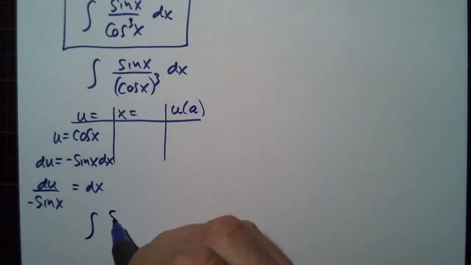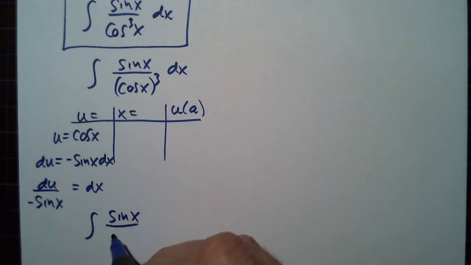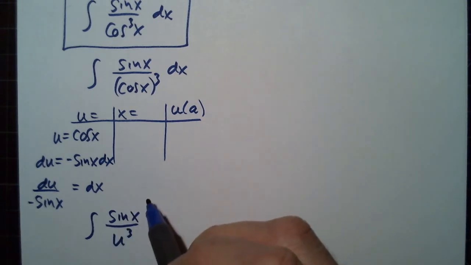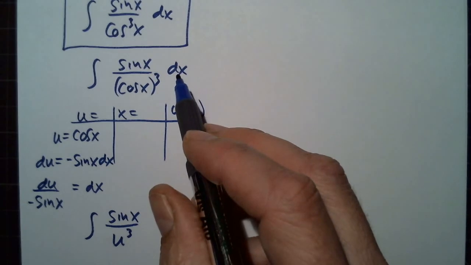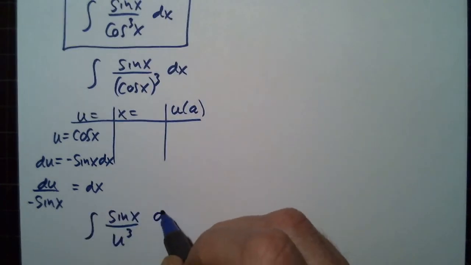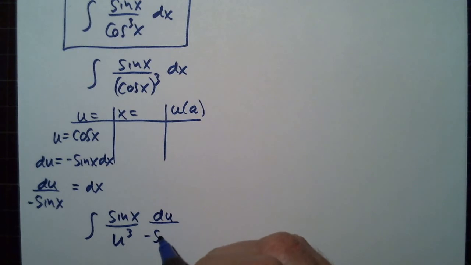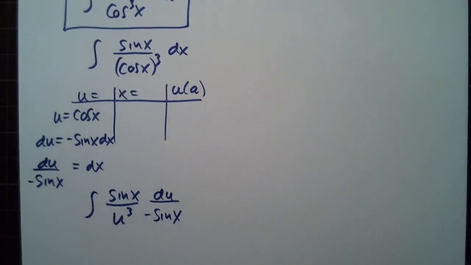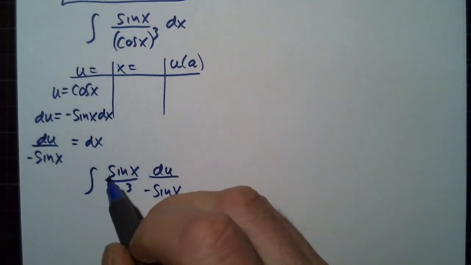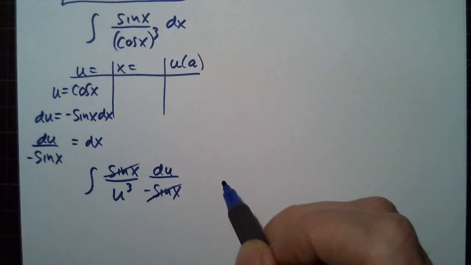And now we have sine x over u cubed times dx, which is du over negative sine x. So we just tried one and it turned out to work.